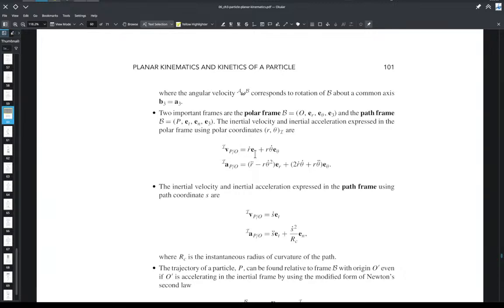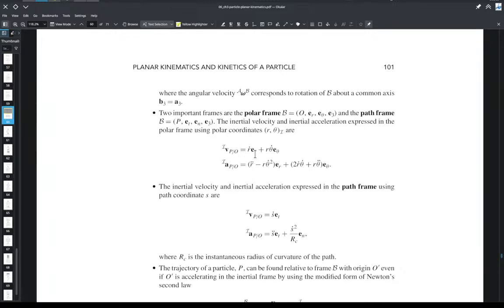Has anyone seen this inertial frame? You've probably seen it, but you might not have called it an inertial frame of reference. Do you know what this one is? It's this next one, v squared over r. Do you remember that term from physics?